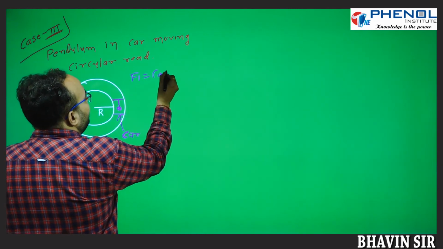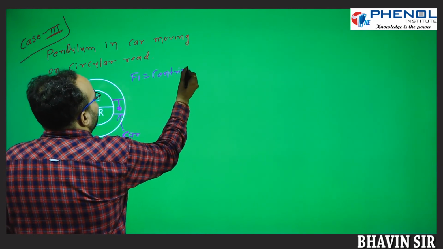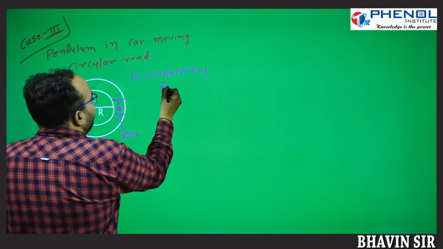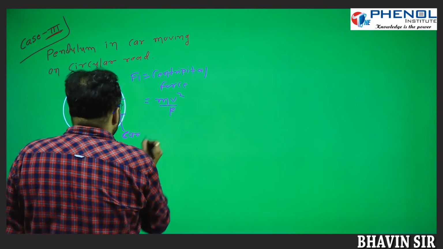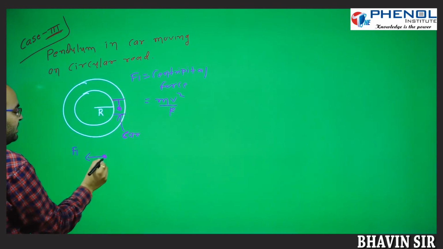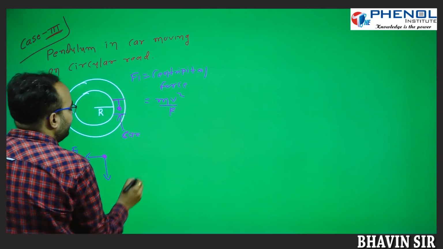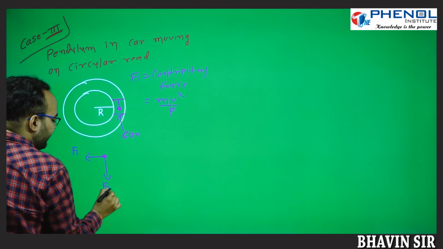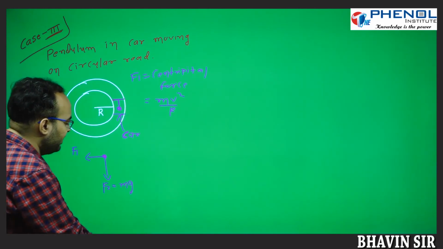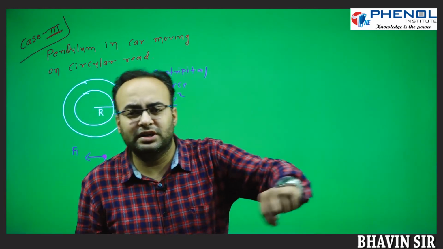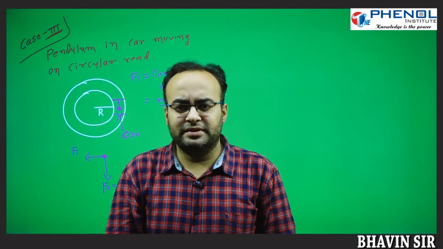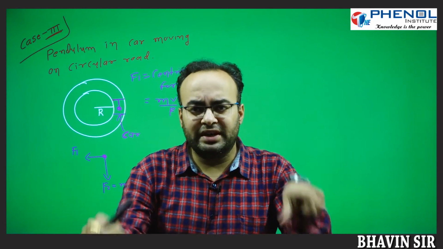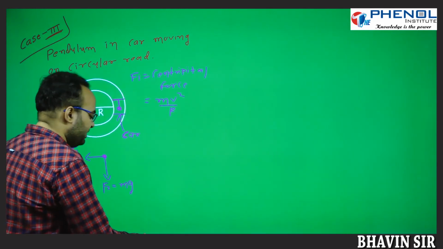F1 is centripetal force towards the center. What is its formula? mv square by r. And in the downward direction, mg. Again two forces: centripetal force towards the center, and second mg.